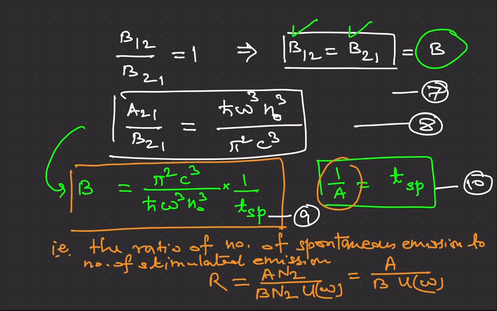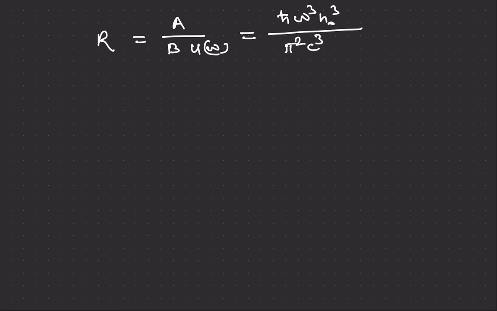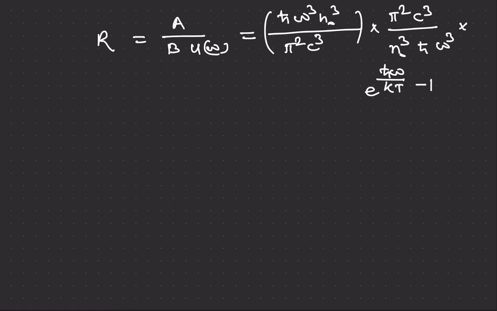So using the values of A and B from equations number 9 and 10, we get R is equal to A by B U omega is equal to h cross omega cube n0 cube divided by pi square c cube into pi square c cube divided by n0 cube h cross omega cube into 1 by e to the power h cross omega by kT minus 1.